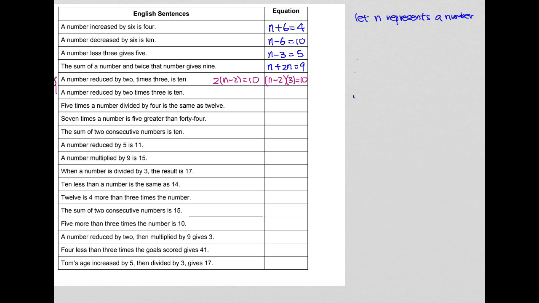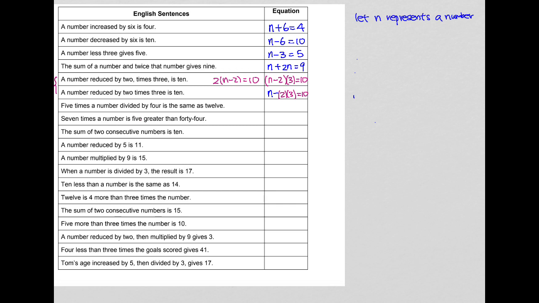And the next sentence says a number reduced by 2 times 3. That means a number n reduced by 2 times by 3. So we have to do 2 times 3 first before we subtract from n, equals 10. So those two sentences are quite different.